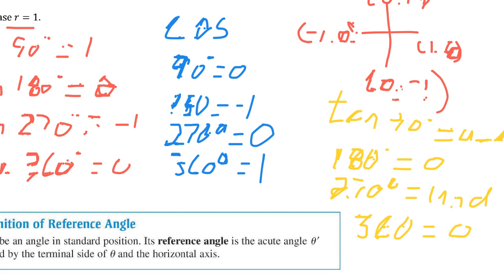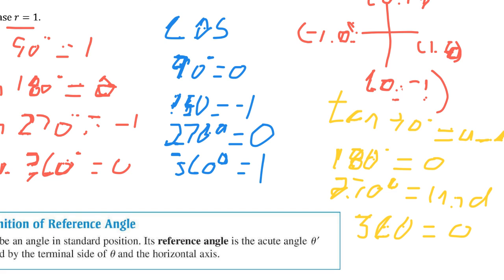And you do the same with your other functions. The only ones to be careful with are your reciprocal functions. You're going to have some undefineds in there, but we can find the rest of them. Cotangent of 90 is going to be x over y, which is 0.